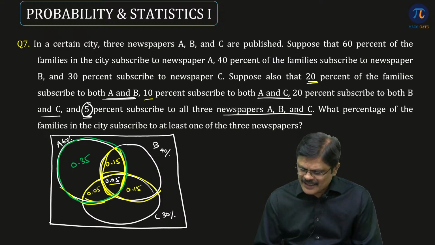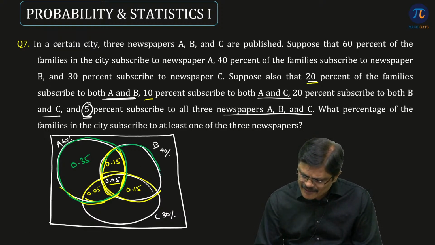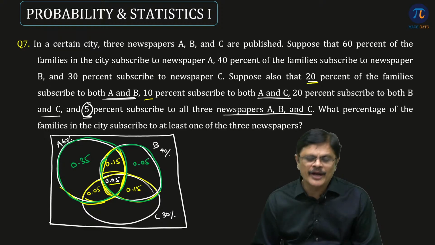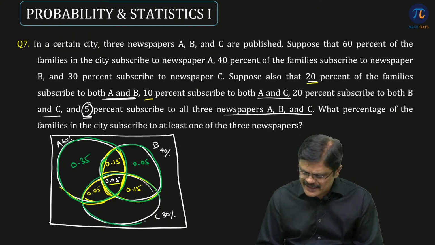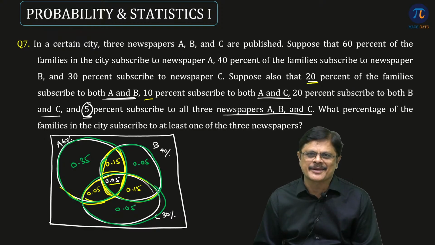Am I clear? Now for B, the total is 40%. Already here 35% is gone. So how much percent remaining? 5% remaining. For C, total percentage is 30. Out of 30, 25 is already gone. So how much is remaining? 5% is remaining. That is 0.05.